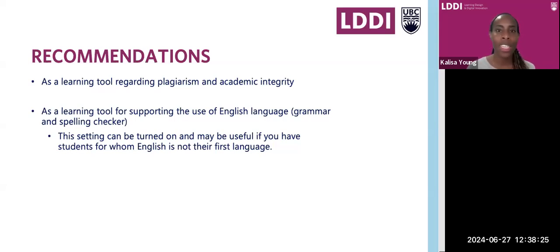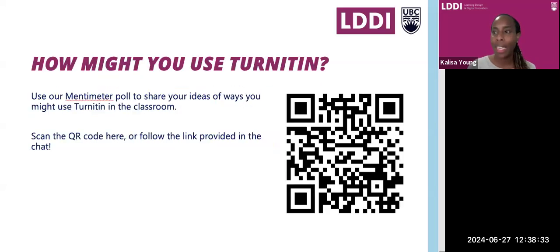And that really is much of the coverage that we want to do here today regarding Turnitin. So we do have a Mentimeter next. How the Mentimeter poll works is that you can either scan this QR code with your phone, or we can provide the link. I can do that right now.